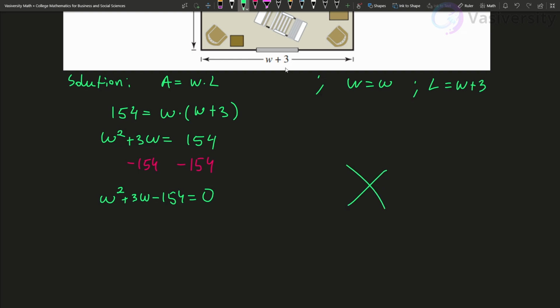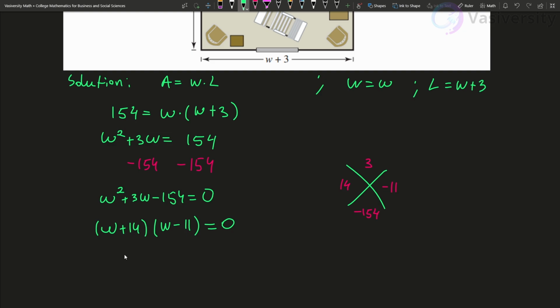We need something plus something equal to 3, but something times something equal to negative 154. We know that 11 times 11 is 121. So if we do, let's say, 14 and negative 11: 14 plus negative 11 is 3, and 14 times negative 11 is negative 154. So we're going to have w plus 14 times w minus 11 is equal to 0.